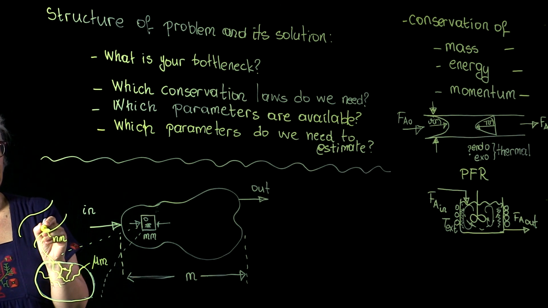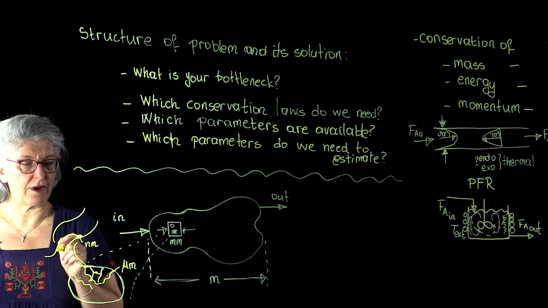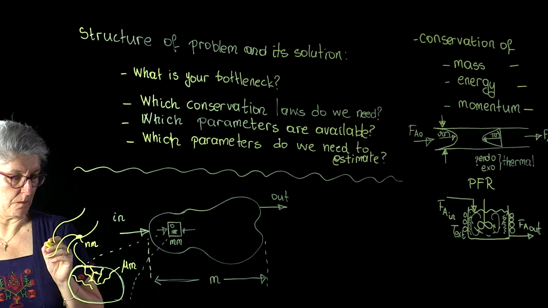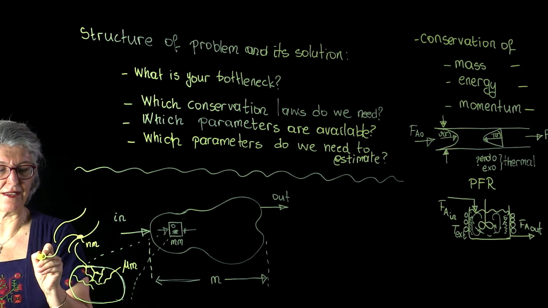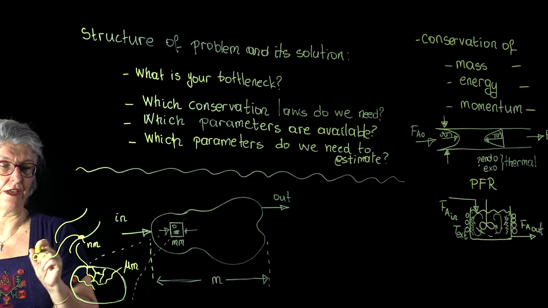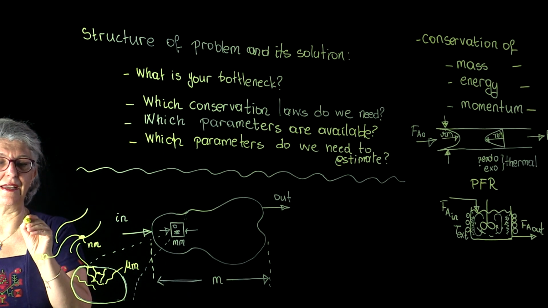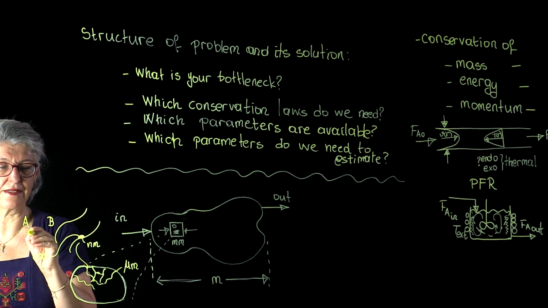On these nanometer scale catalyst particles in the micron scale pore, we have angstrom scale sites over which our reaction A going to B takes place.